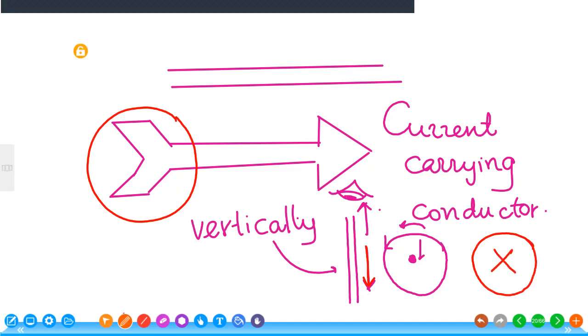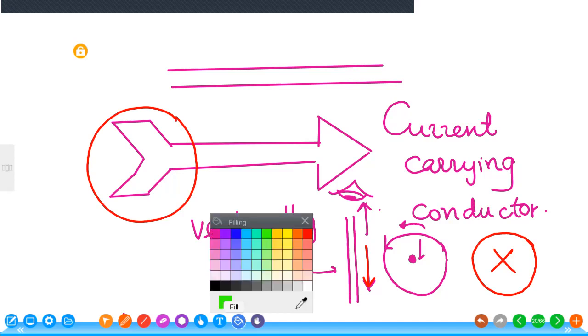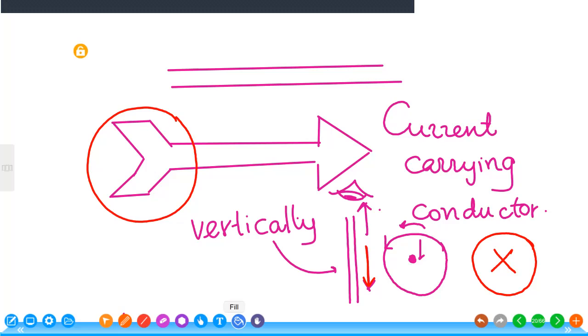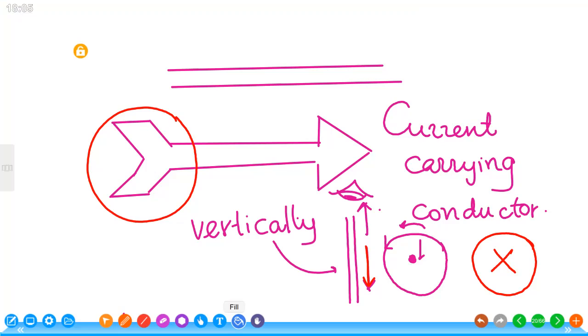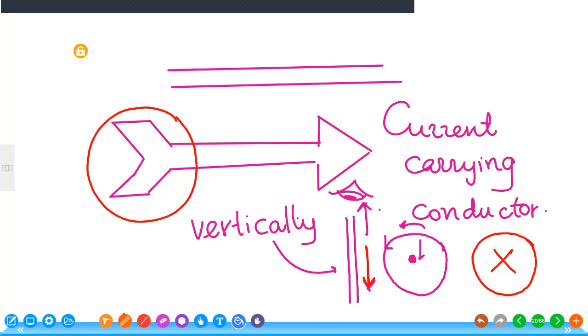So, if you apply the right hand grip rule for this one, then you have to arrange the thumb downwards, because we considered that this conductor is kept vertically. Therefore, the thumb must be pointed downwards. The other four fingers show the direction of the magnetic field.